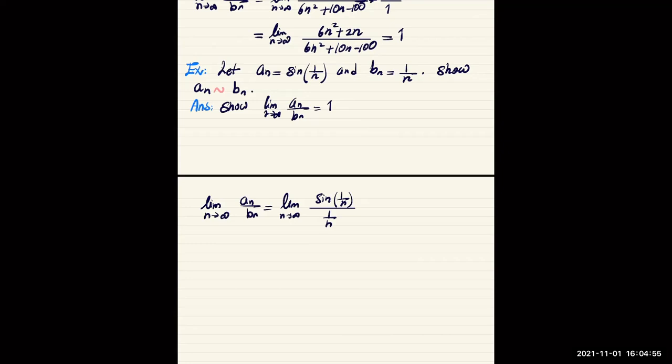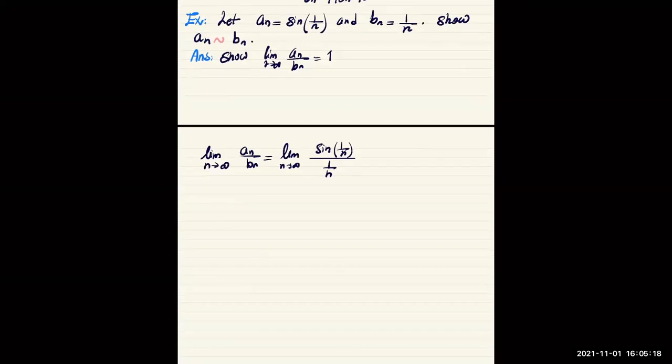We need to do L'Hopital's rule, guys, because when n gets large, 1 over n goes to 0. The 1 over n inside the sine goes to 0, and you get sine of 0, which is 0. So that's indeterminate. We could use L'Hopital's rule.